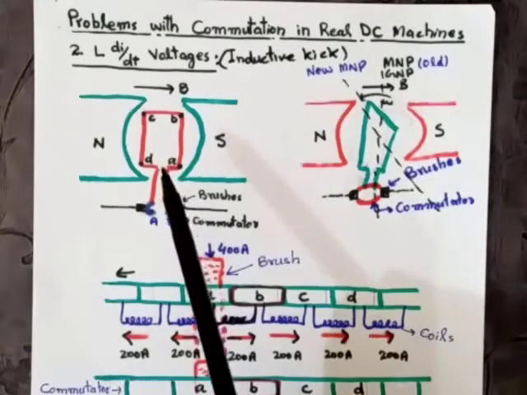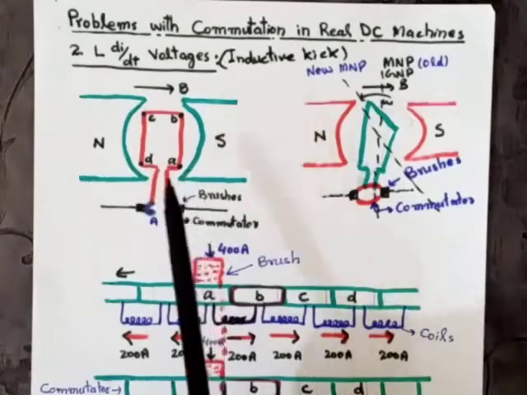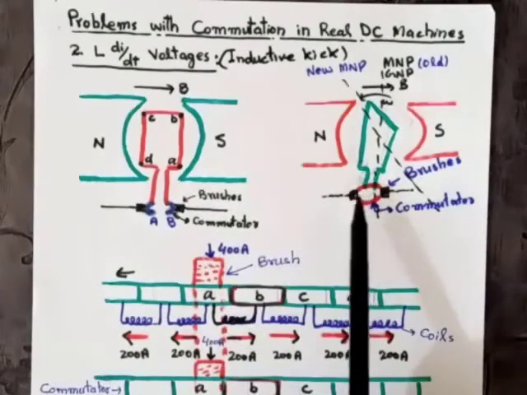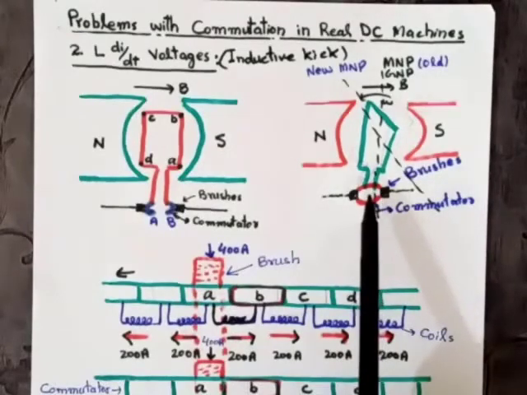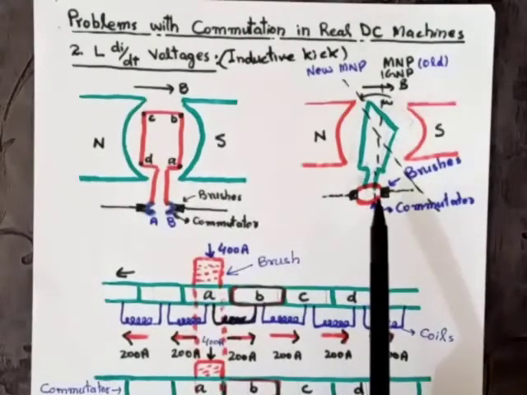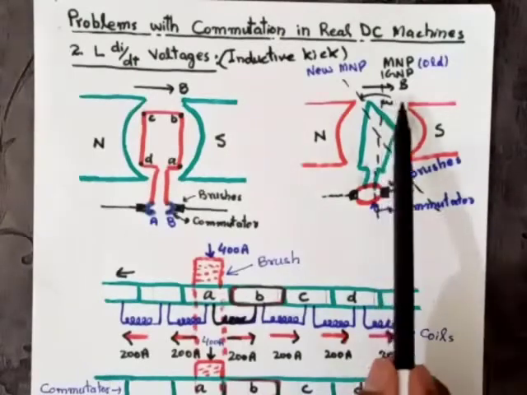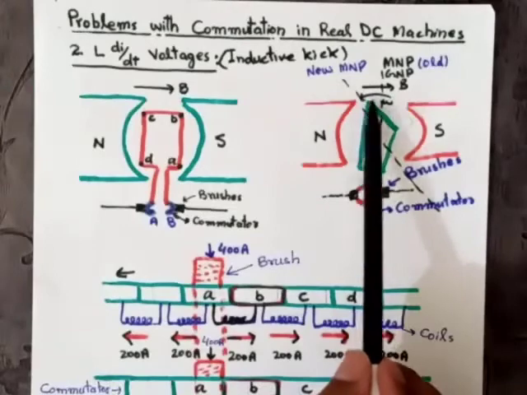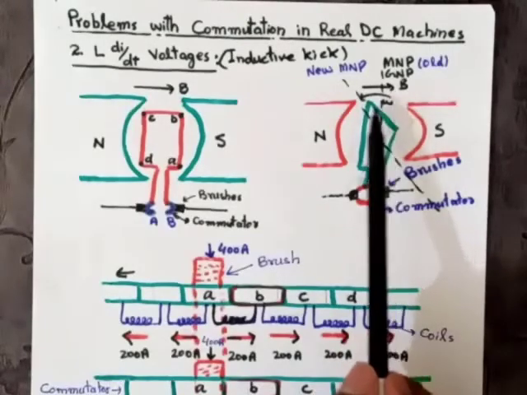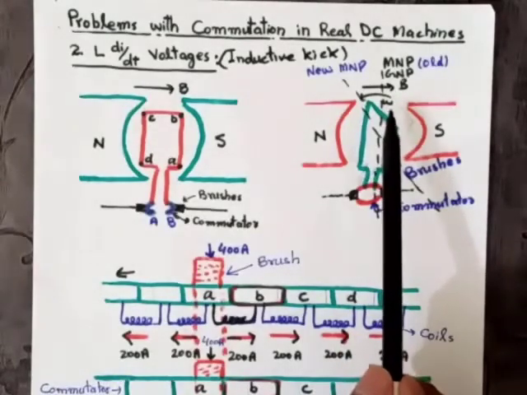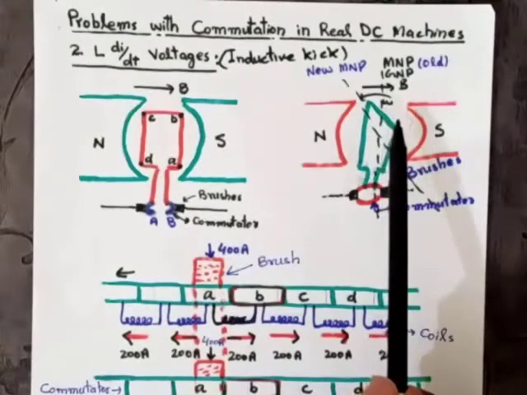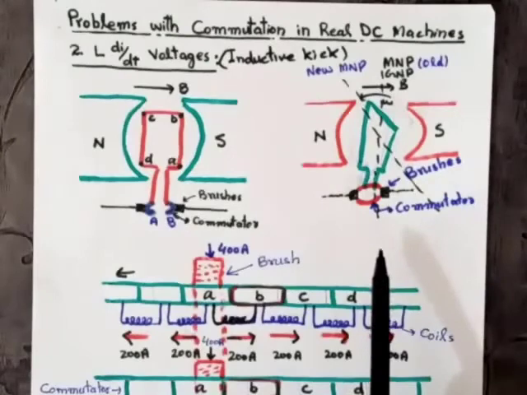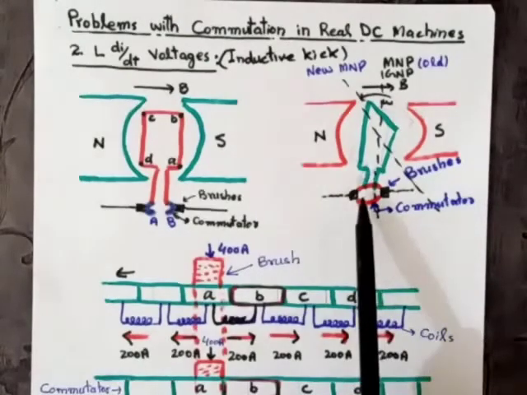In the next position, as you can see in this figure, when the rotation of the loop and the magnetic field become parallel, you can clearly see this particular coil is short circuited through the commutators and brushes.